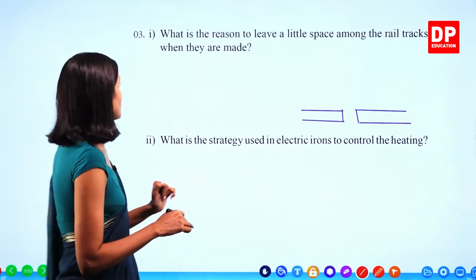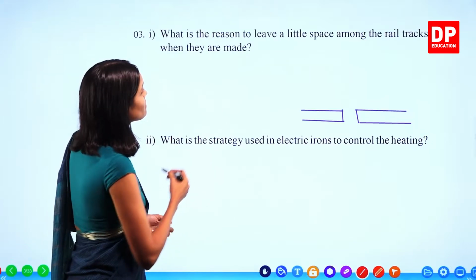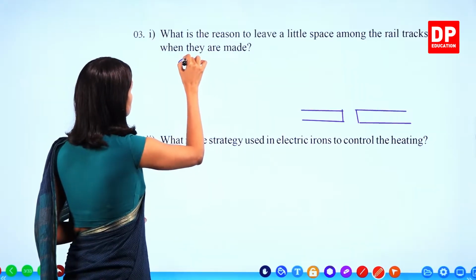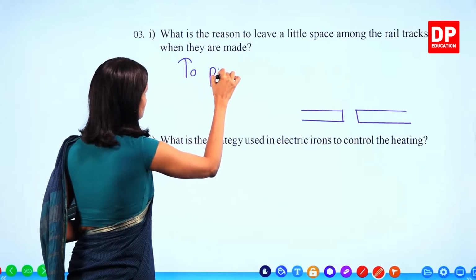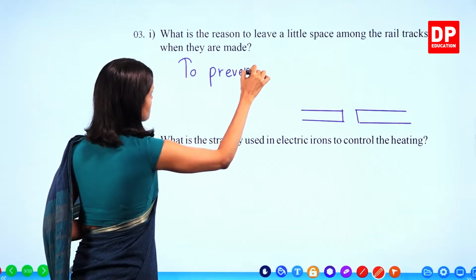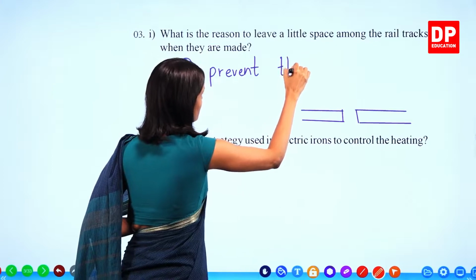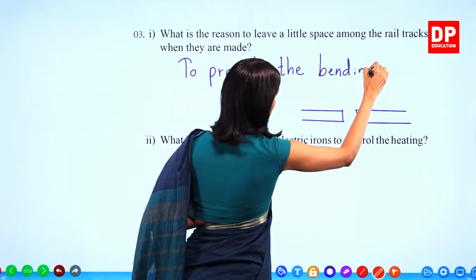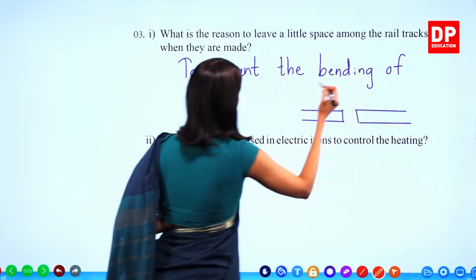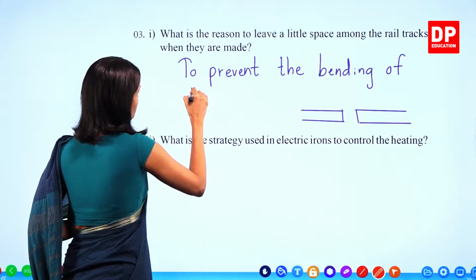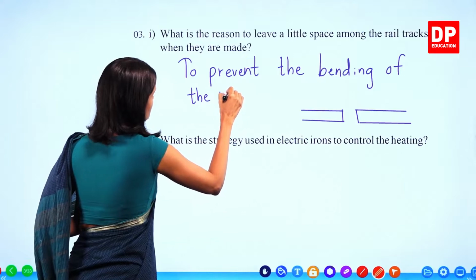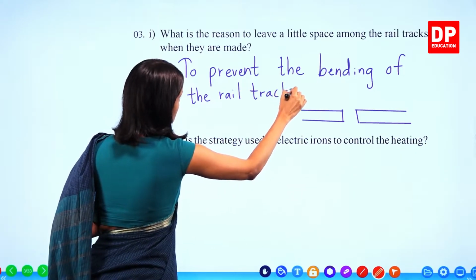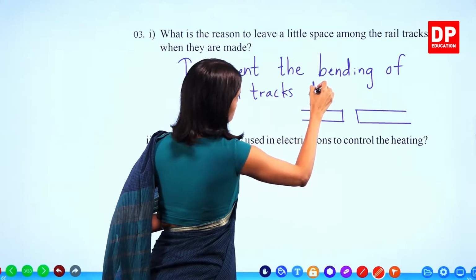Okay, let's write. What is the reason to leave a little space among the rail tracks when they are made? To prevent the bending of the rail tracks due to expansion.